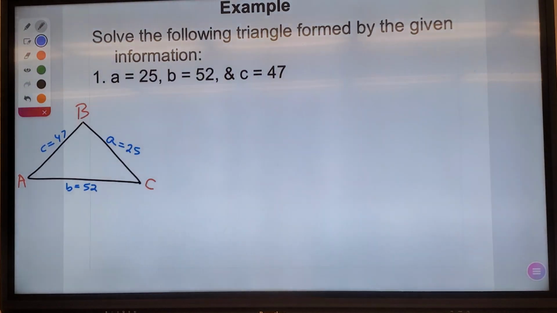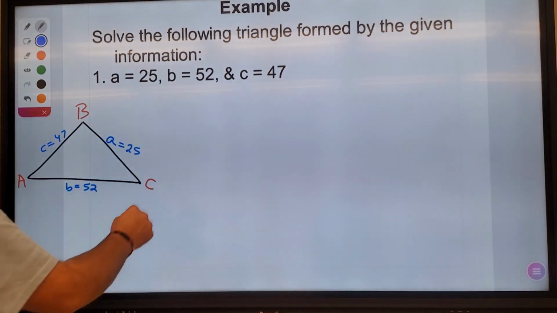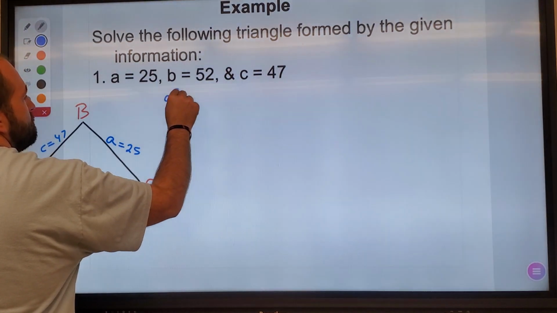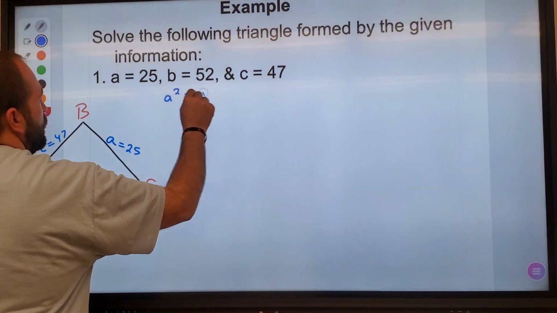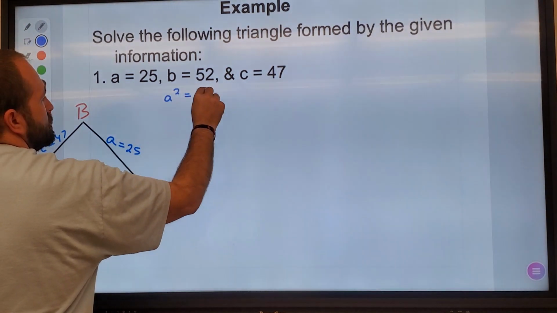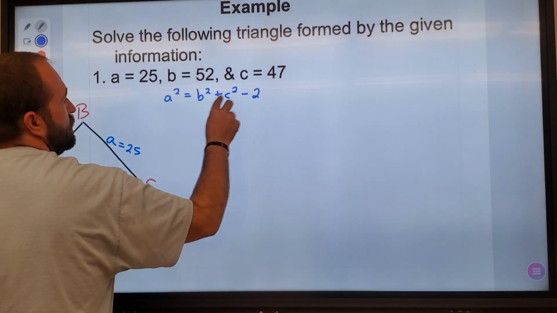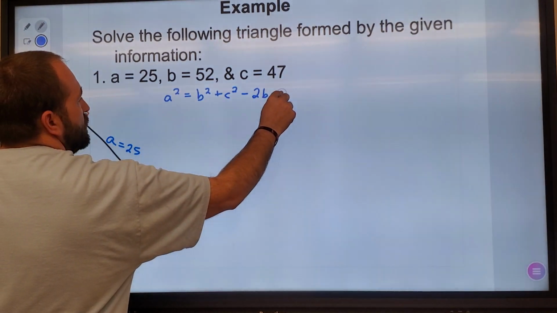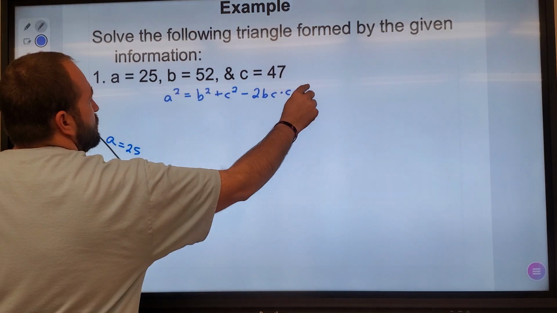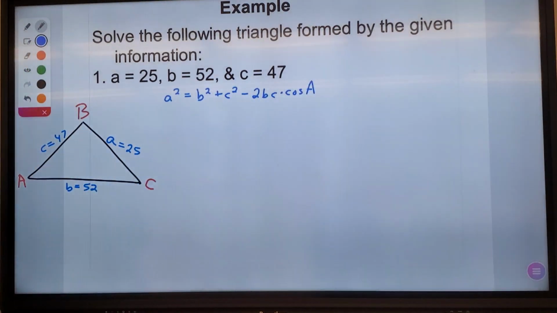So let's go with the first equation: a squared equals b squared plus c squared minus 2bc times cosine of angle A.